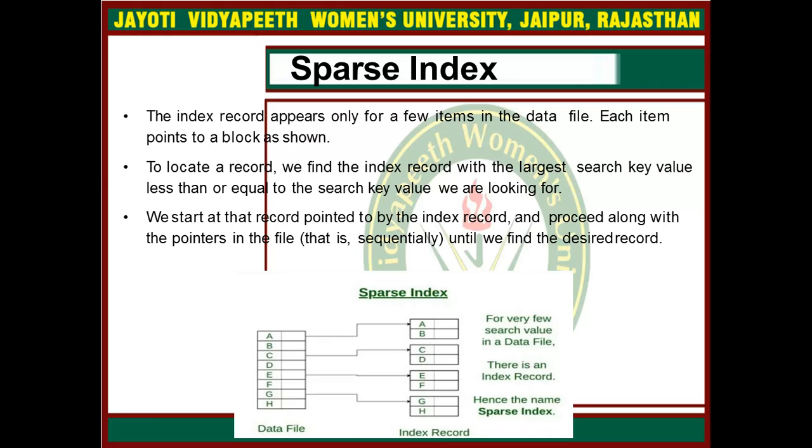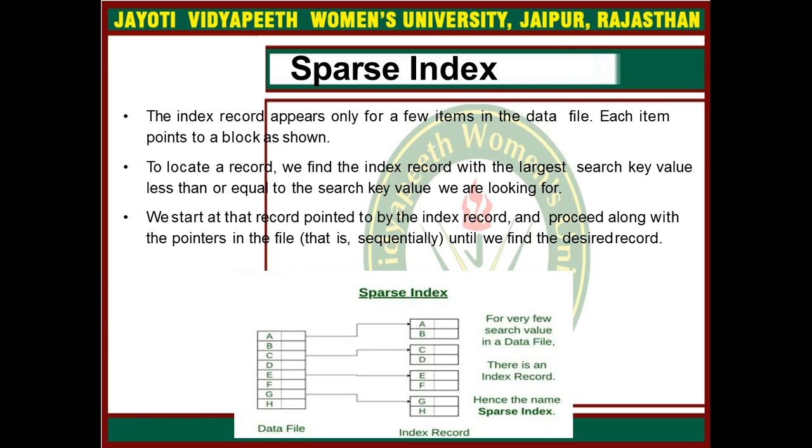Now the second one is the sparse index. The index record appears only for a few items in the data file. Each item points to a block as shown. To locate a record, we find the index record with the largest search key value less than or equal to the search key value we are looking for.